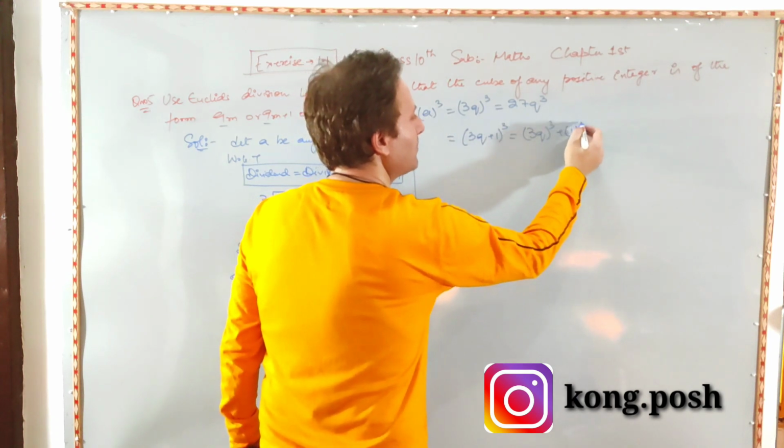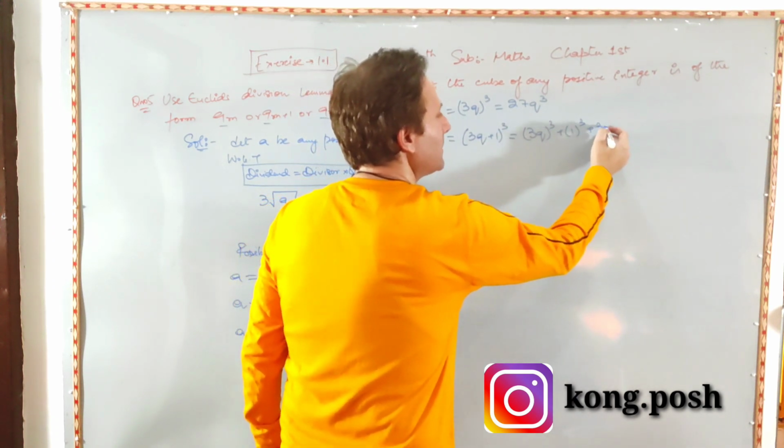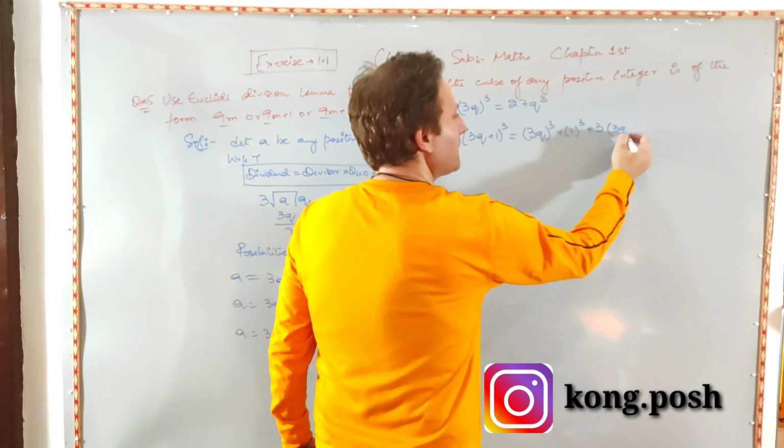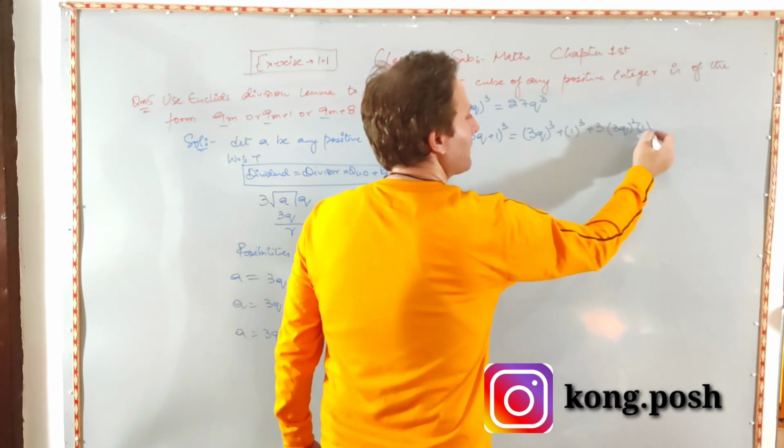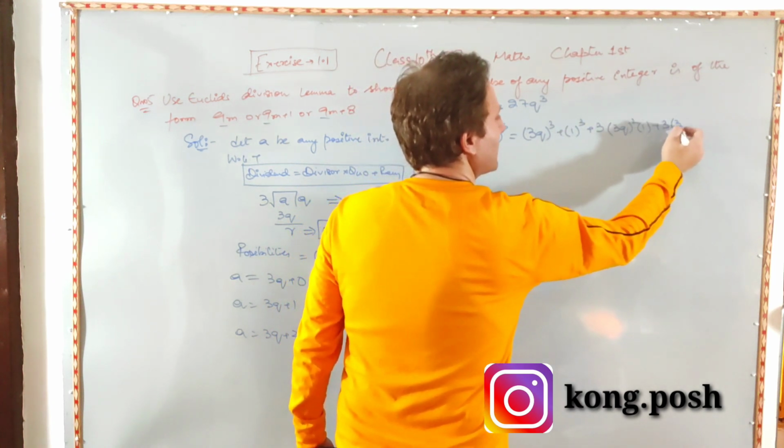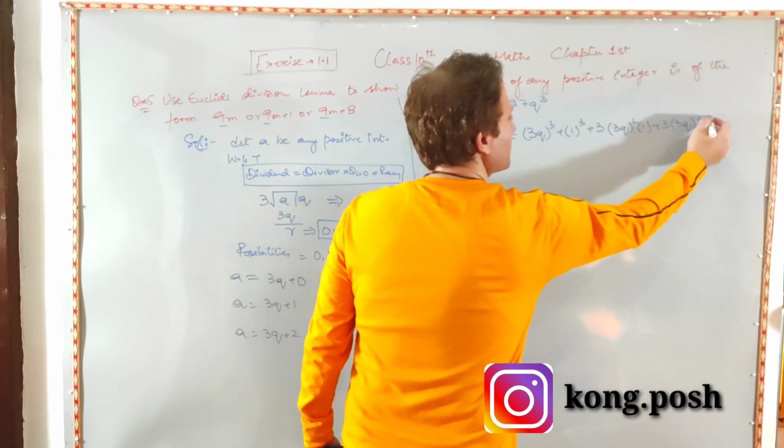It is a cube plus b cube plus 3a square b plus 3a b square.